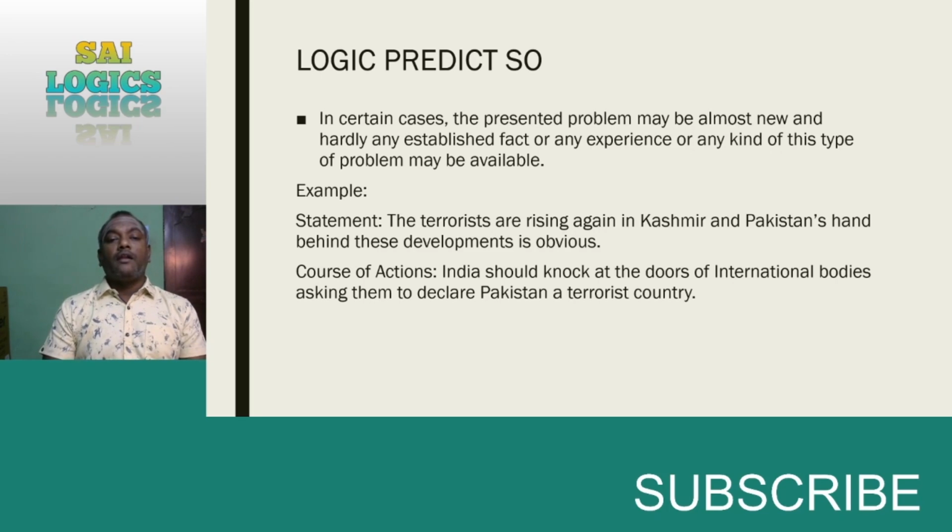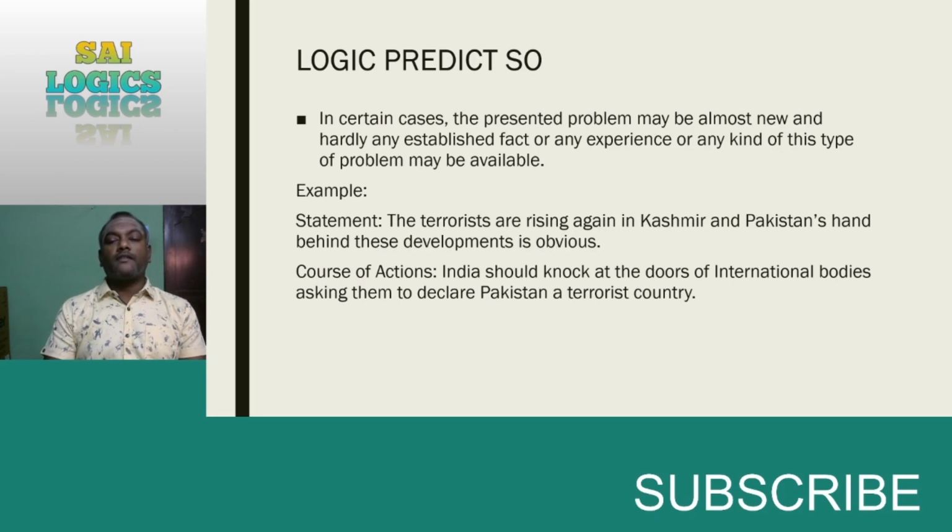Example, the terrorists are rising again in Kashmir, and Pakistan's hand behind this development is obvious. So, terrorists are rising again in Kashmir, and the hand behind it is Pakistan. It is the problem given now.